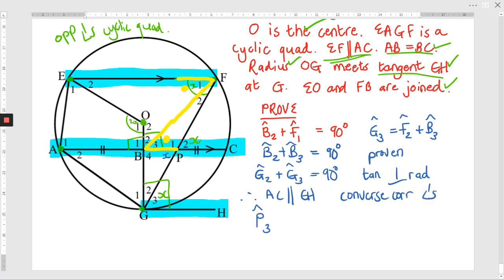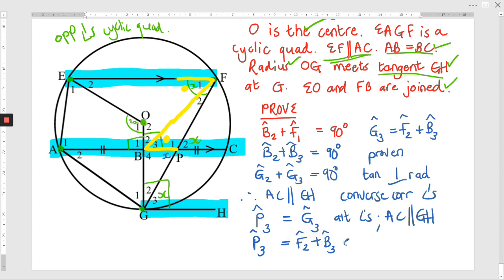Then I'm going to say P3 equals G3, and they are alt angles from my parallel lines. And from that, I'm then going to do the exterior angle of the triangle. So I'm going to say P3 equals F2 plus B3.